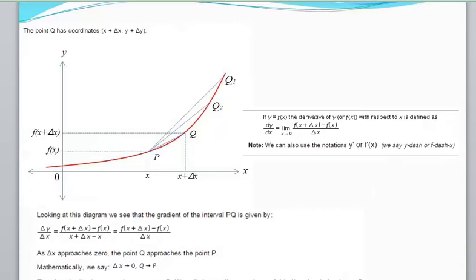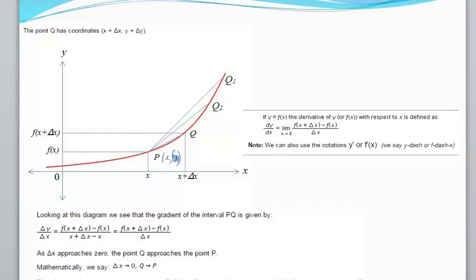If we look here, our point P has coordinates x and y. Oh, sorry, x and f of x. Our point Q has x plus delta x on both sides.